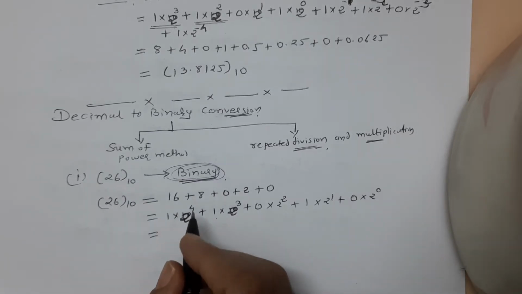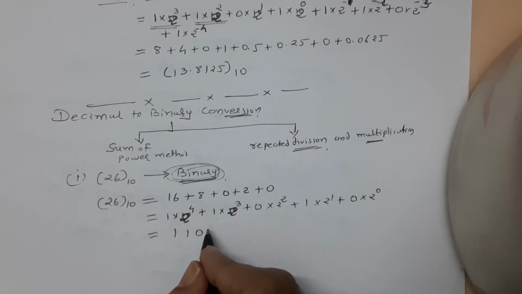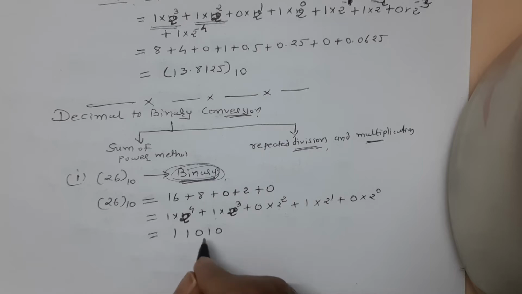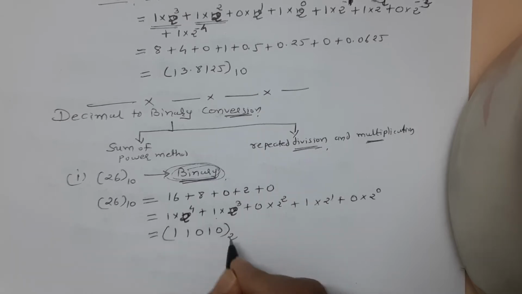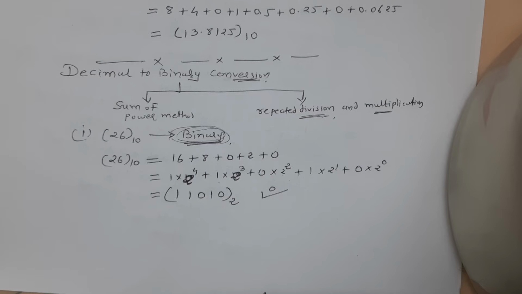This is equal to 11010. This is your binary number. In this way, we convert the decimal number into the form of binary.